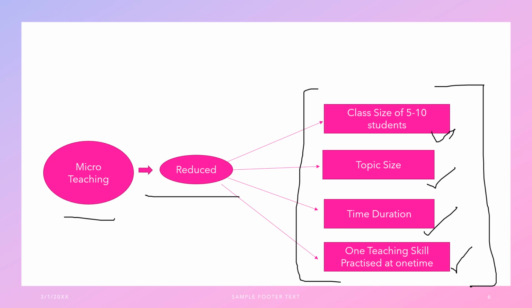In micro teaching we take only 5 to 10 students, and we reduce the time duration to 5 to 10 minutes for any topic. We also reduce the amount of learning content. A single concept at a time we take in micro teaching, and we practice one teaching skill at one time. So this is about the micro teaching concept.